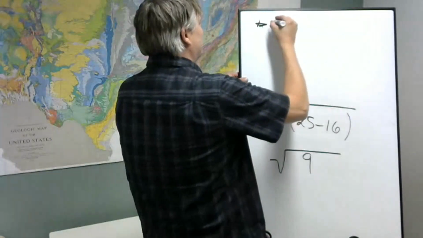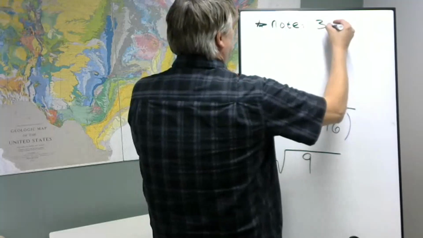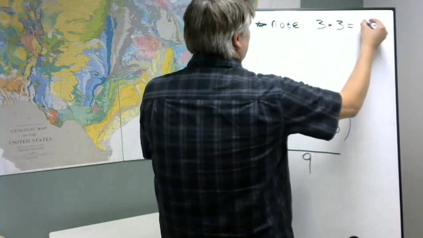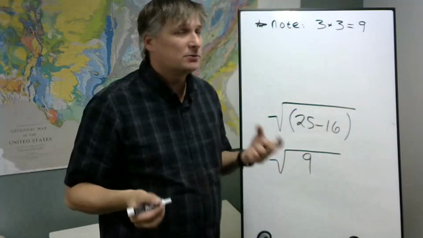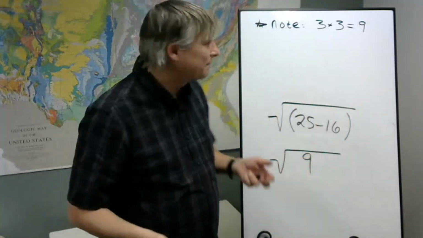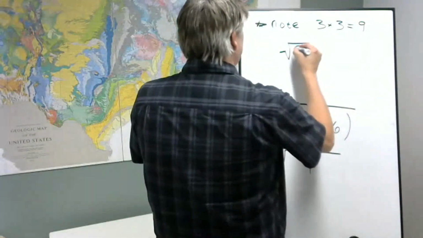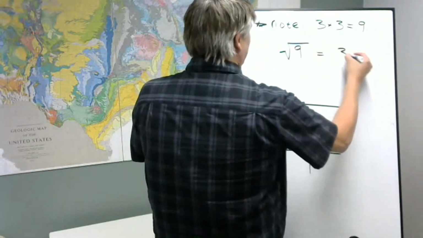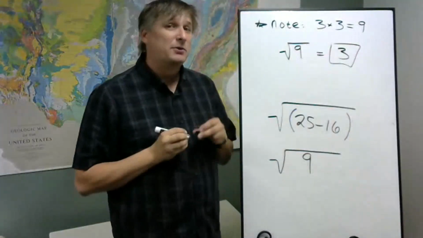Well, 3 times 3 is 9. So the positive number times itself that gives you 9 is going to be 3. So the square root of 9 is equal to 3. And that's going to be your answer.